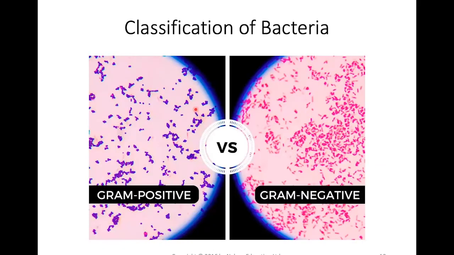If we were to take a culture of bacteria in a petri dish, allow that culture to grow, and apply the gram staining, you would see either that they absorb the stain, such as in the gram-positives, or they do not absorb the gram staining. Here you can see the gram-positives have absorbed that gram staining, which makes them appear purple. In this population of gram-negative bacteria, they have not absorbed that gram staining, and as a result, they look pink.